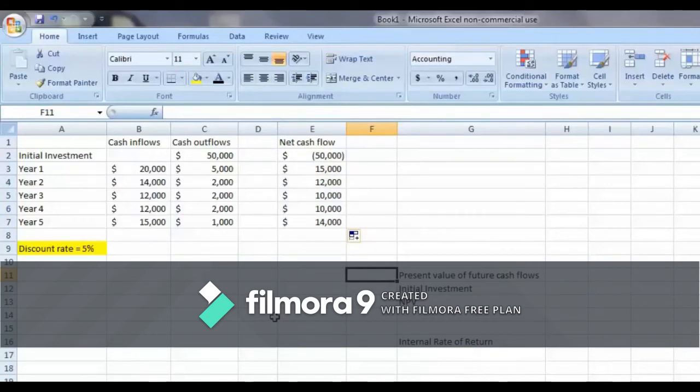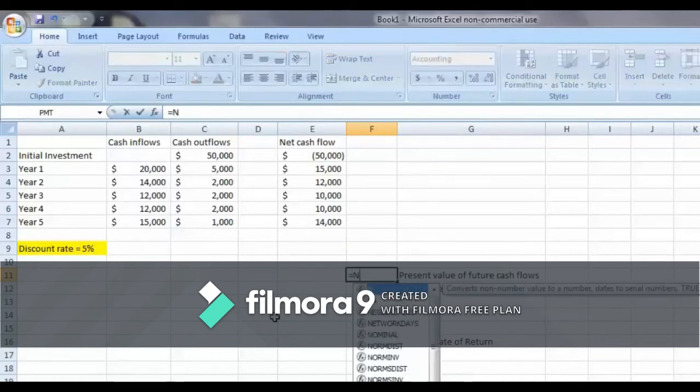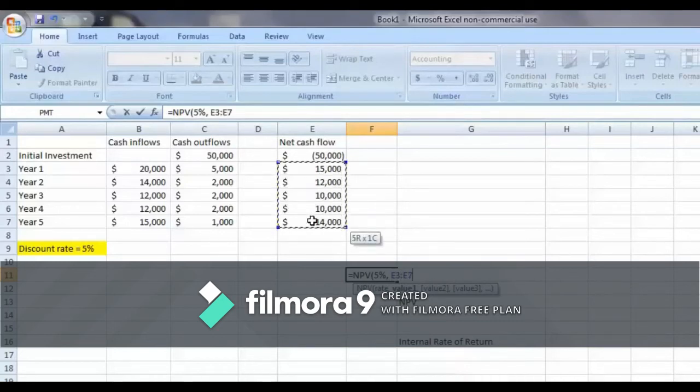To do so, we want to click in a free cell, type an equal sign, then the letters NPV for net present value. The first parameter is rate, which is going to be the discount rate given in the problem, 5% in this case. And then for the rest of the parameters, we want to highlight just the future cash flows for the project's life.